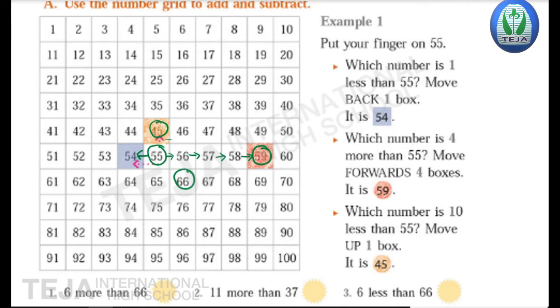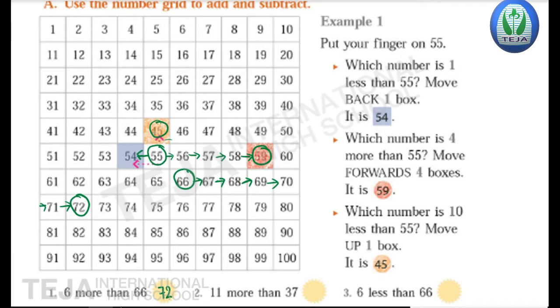To find the more, what we have to do? Move forward 6 boxes. 1, 2, 3, 4, 5 and 6. So where we reached? We reached 72. So 6 more than 66 is 72. Write 72 in the box, in the circle.